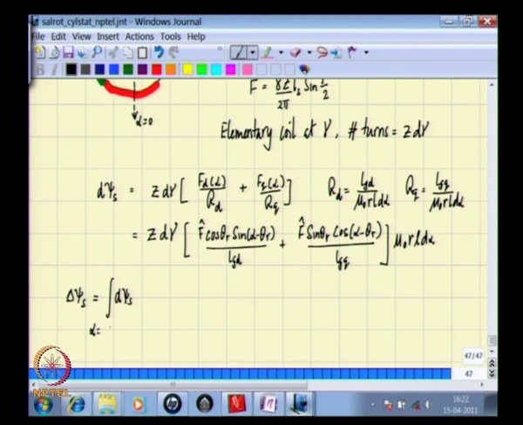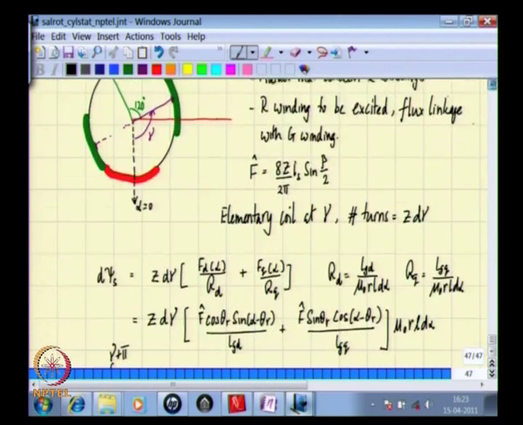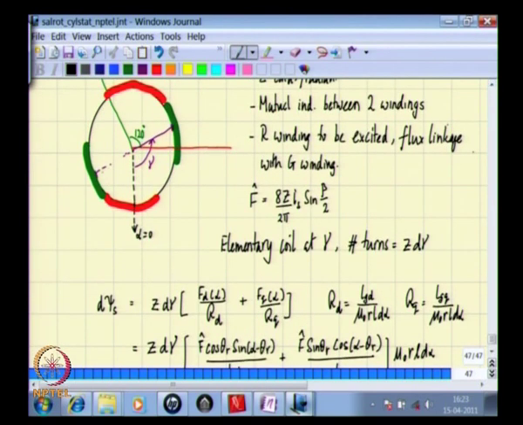In this case alpha goes from gamma minus pi to gamma, no, it is not gamma minus pi to gamma, it goes from gamma to gamma plus pi. Remember that this coil ultimately has to have an axis 120 degrees displaced with respect to the first coil that we are considering.